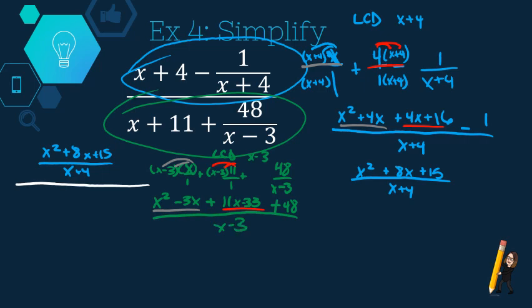Let's combine like terms. I have an x squared, plus 8x, and a plus 15 there, all over x minus 3. How does that look? Okay, if I bring that over to the original question, look what's happening here.